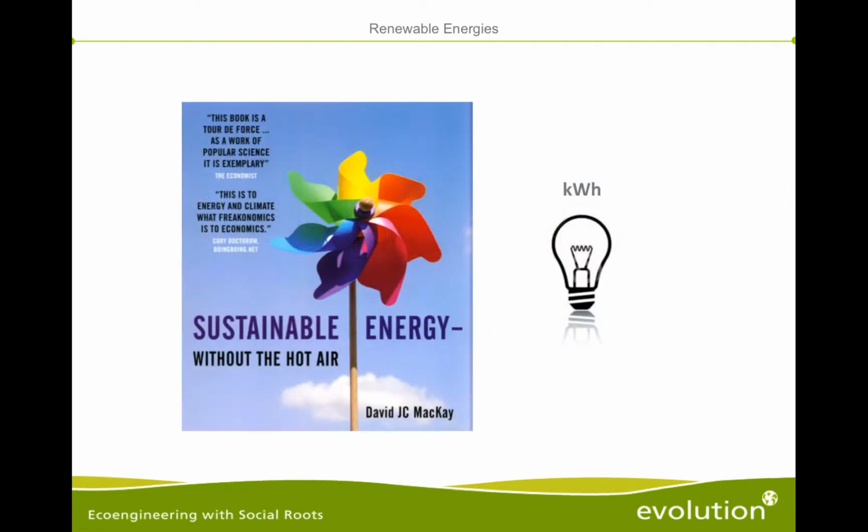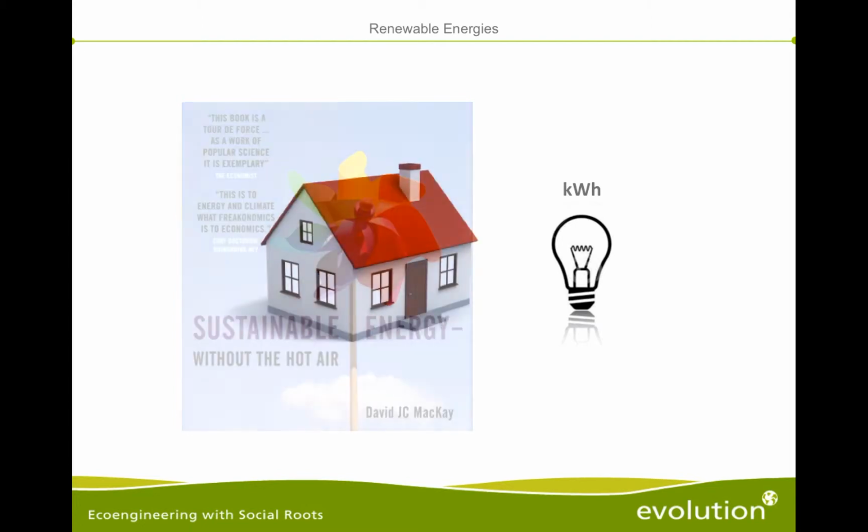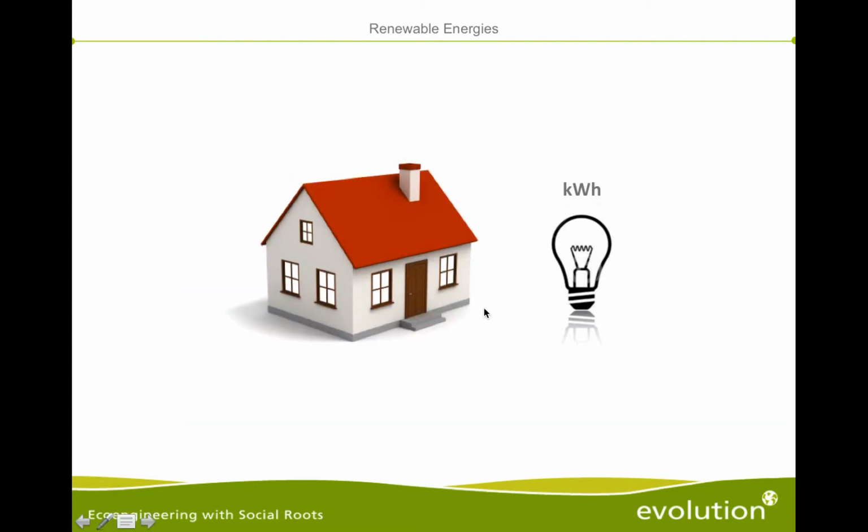We'll also take as our point of departure the methodology from the book by David McKay, Sustainable Energy Without the Hot Air, released in 2009, where he did the quite innovative thing of taking all renewable energy sources and all of our energy demands and putting them all in one unit, kilowatt hours per person per day, in order to have a good comparison of the space needed to run off renewables. Now we're going to do the same, but we'll take it to the level of a house.